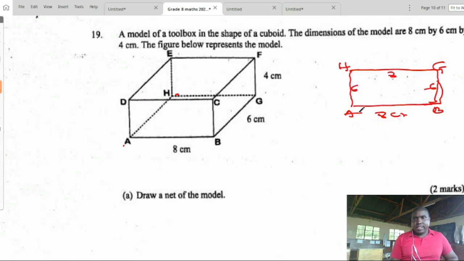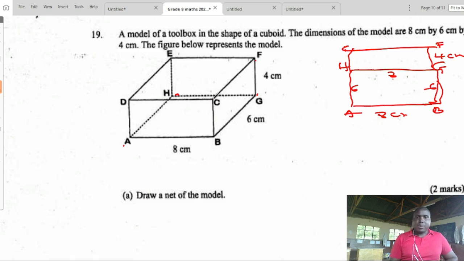Now we have drawn the base. The next one, GF, is 4 centimeters. The distance from here up to here should be smaller than this one. This one is going to be F, this one C, and this one is 4 centimeters.